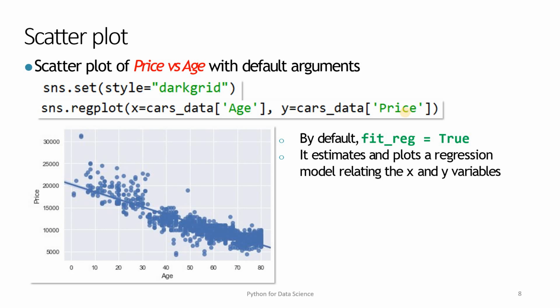Here you can see that I have accessed the age variable from the data frame cars_data. Similarly, I have accessed the price variable from cars_data. So this would be the output that you will get by setting the style as darkgrid and giving x as age and y as price.